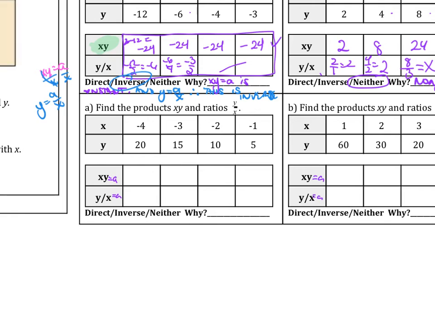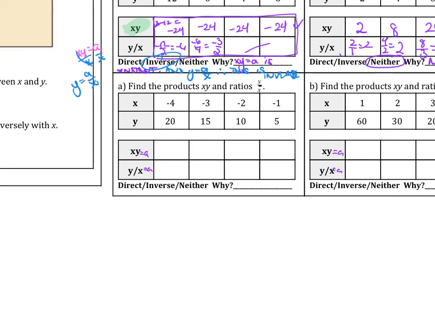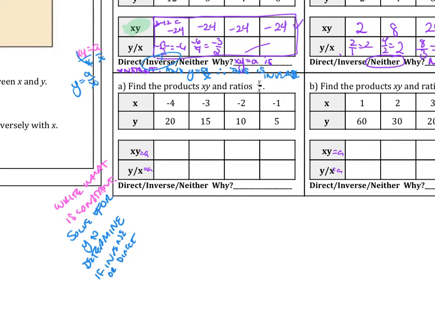So what you want to do is write what's true, write what is constant, and after that, solve for y to determine whether it's inverse or direct. Okay, just to help you out. So try these out.